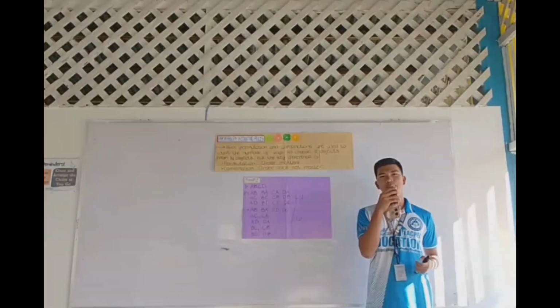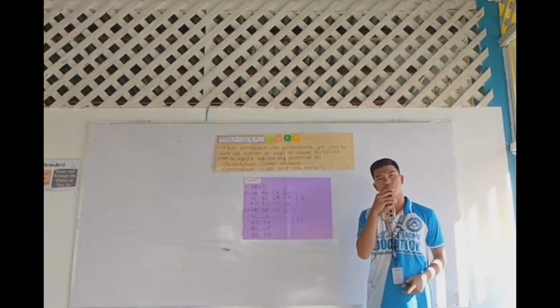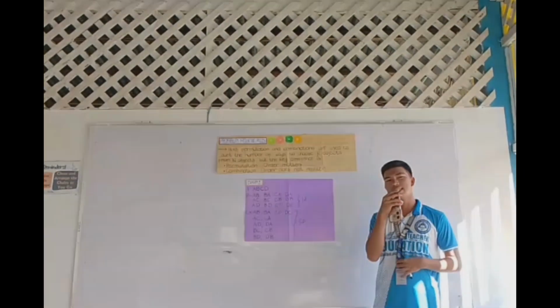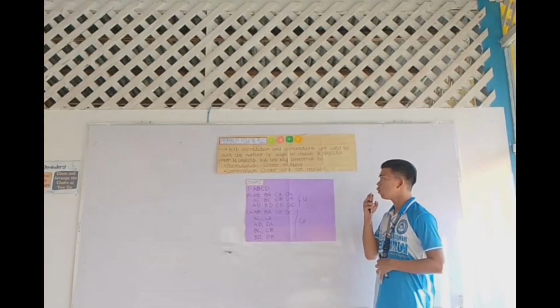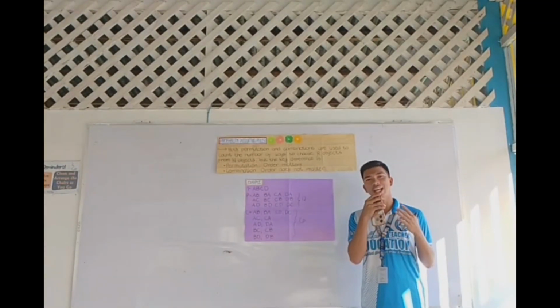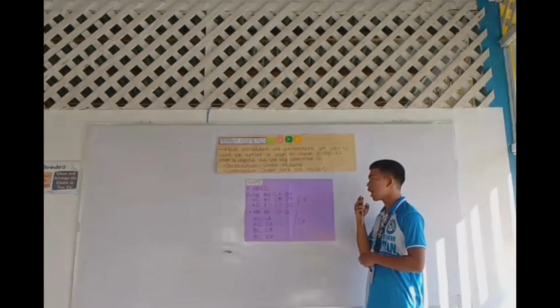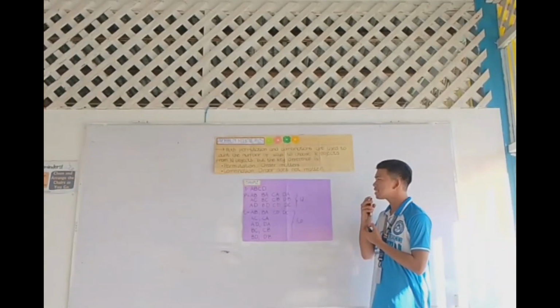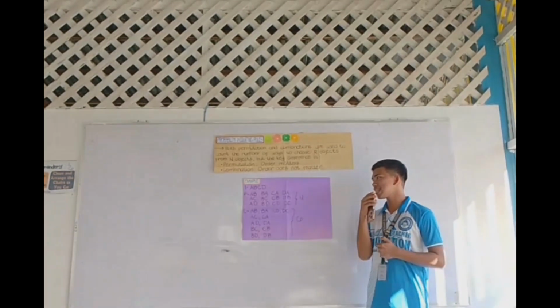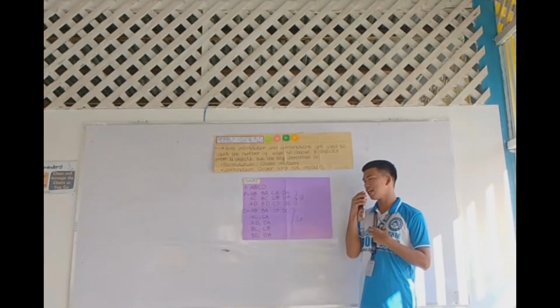Here is an example of probability and counting rules. We have 4 letters: A, B, C, and D. For the permutation, we are going to arrange 2 letters from 4. So we have AB, AC, AD, BA, BC, BD, CA, CB, CD, DA, DB, and DC.